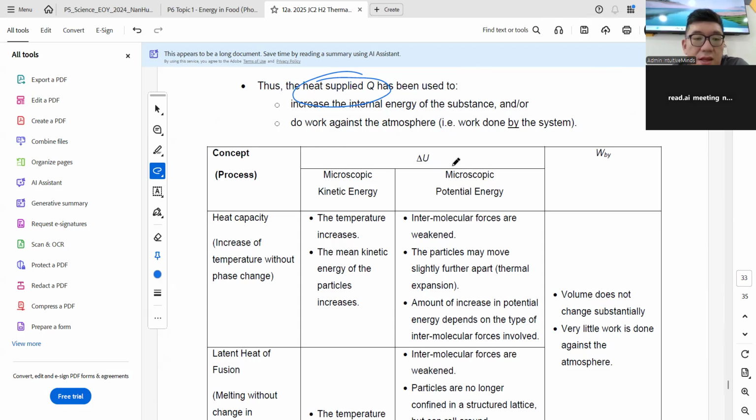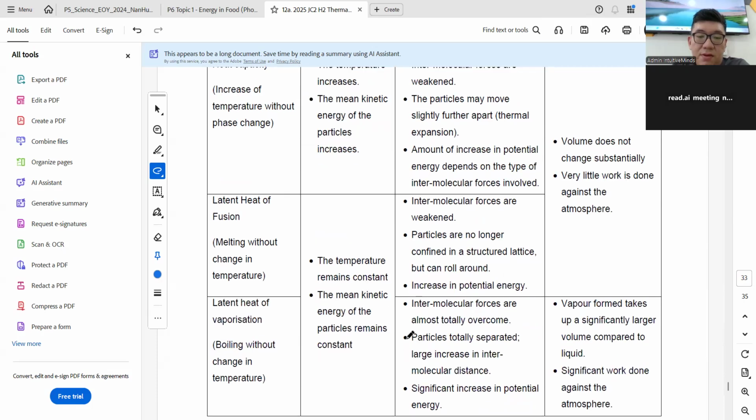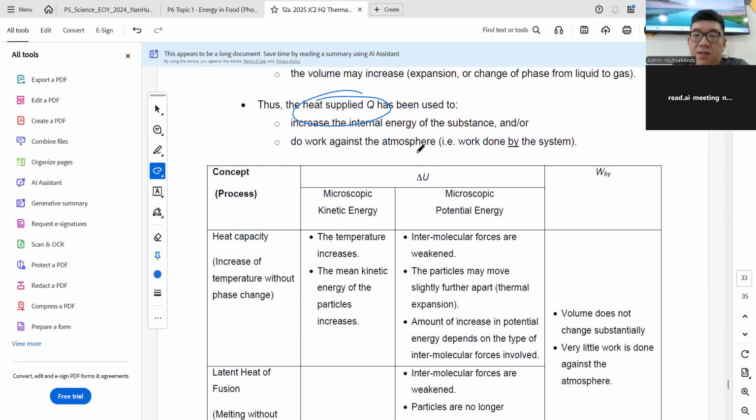During this point in time, the intermolecular forces of attraction will change a little bit, but not significantly because it's not a state change. Okay? So all of this will affect your delta U.